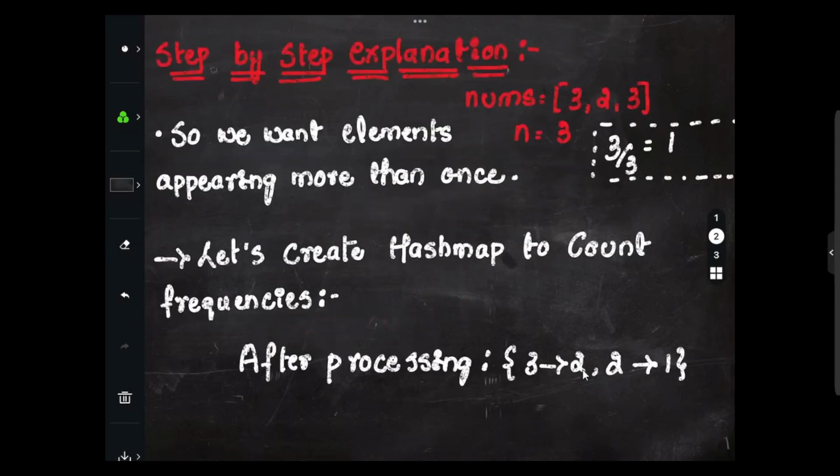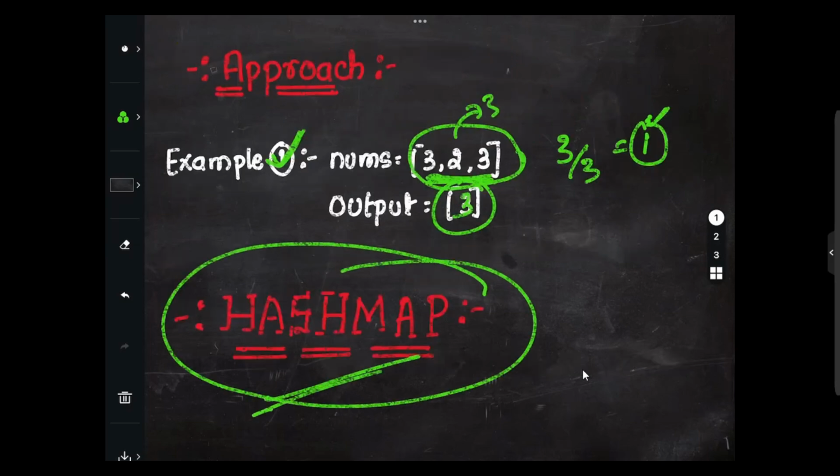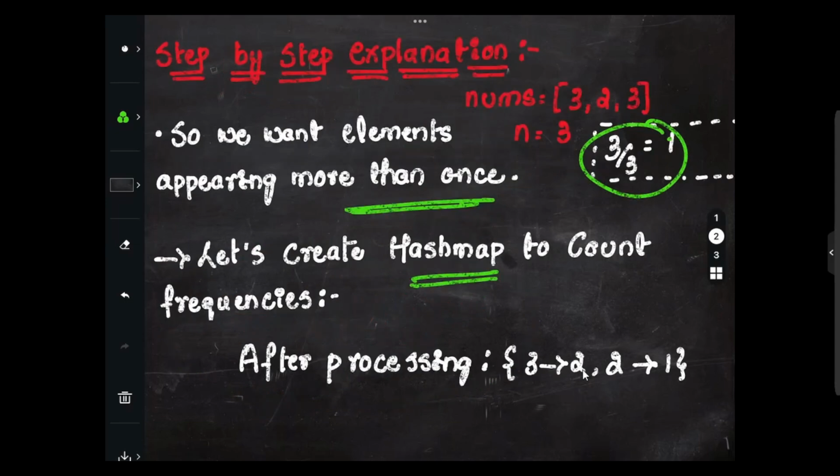Let's go with a step-by-step explanation. We want the elements that appear more than once. One more thing I forgot to say: we'll be making use of the hash map approach, so keep this in mind. The first step is to create a hash map to count the frequencies.